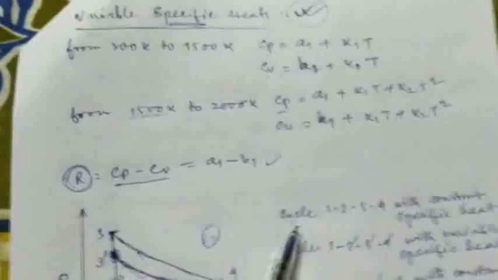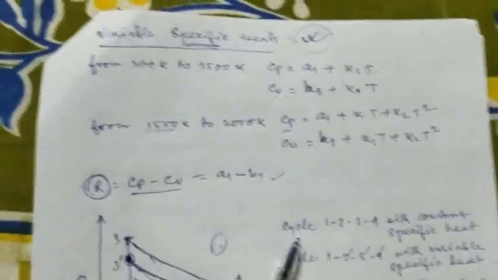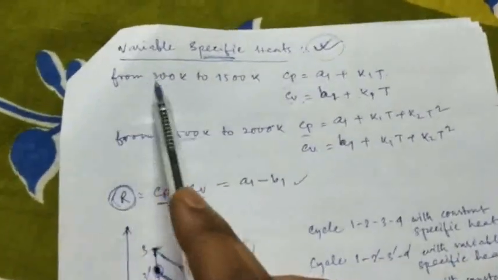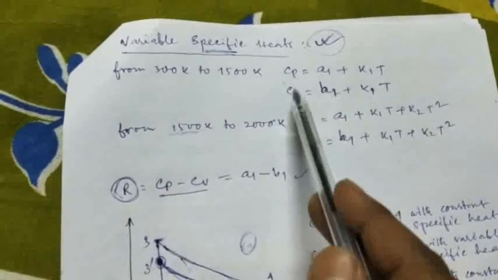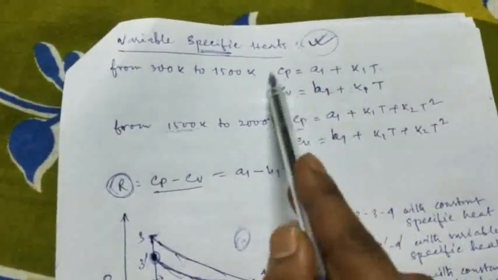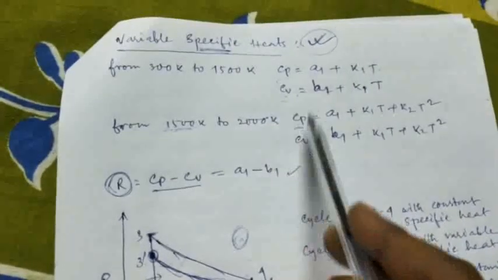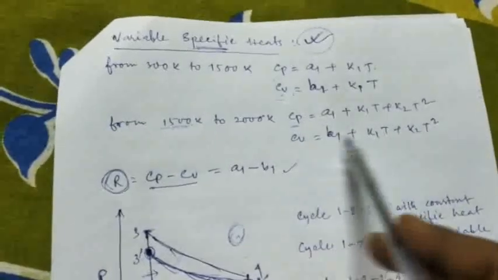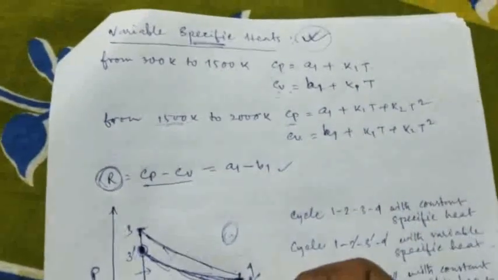So that will affect the efficiency of the engine. How? Let us see. As I have described, the values of Cp and Cv, that means specific heat at constant pressure and specific heat at constant volume, follow a linear equation and a curve equation at different temperatures.